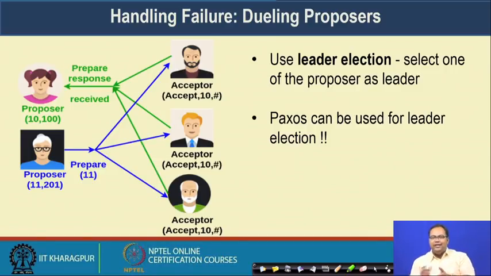Now, you can see that because Paxos is a consensus algorithm, Paxos itself can be used as a leader election algorithm. The view of Paxos that I have mentioned to you is a very simplified view. The overall idea is that the proposer is proposing certain values to all the acceptors, and the acceptors collectively look into that proposal, and if they agree with the proposal, they send the accept message.